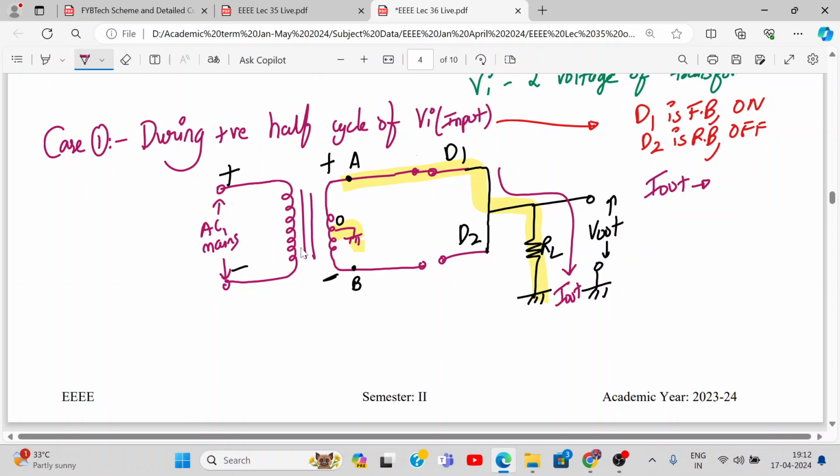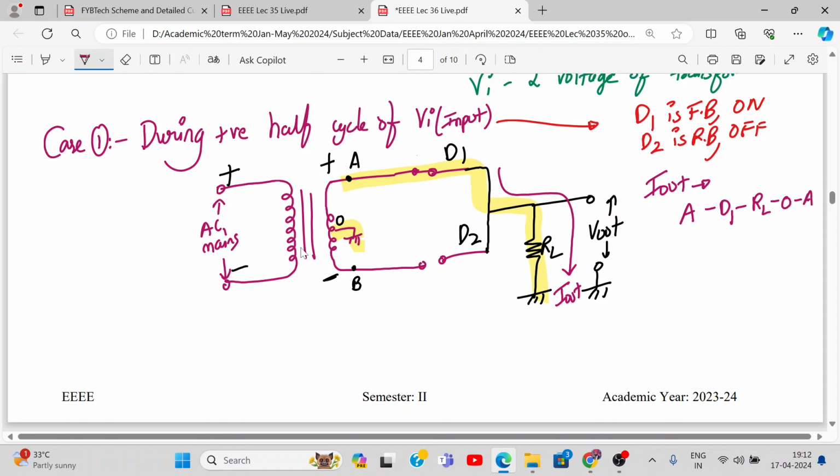I out will flow from A to diode D1, RL, and then O, here it is, and back to ground terminal O. Okay, so the current will flow in the circuit and back to A basically. Okay, O to A.